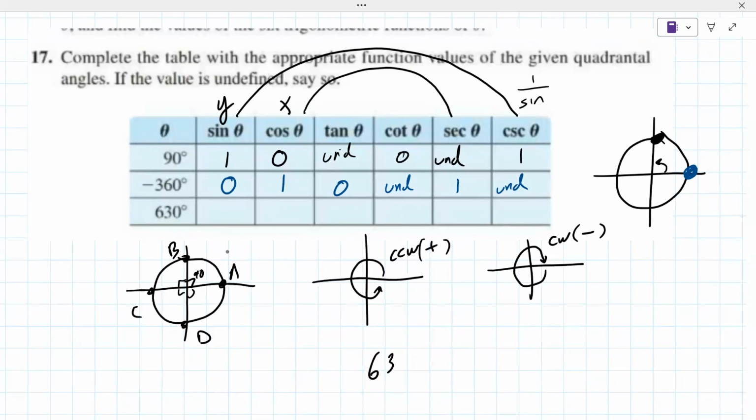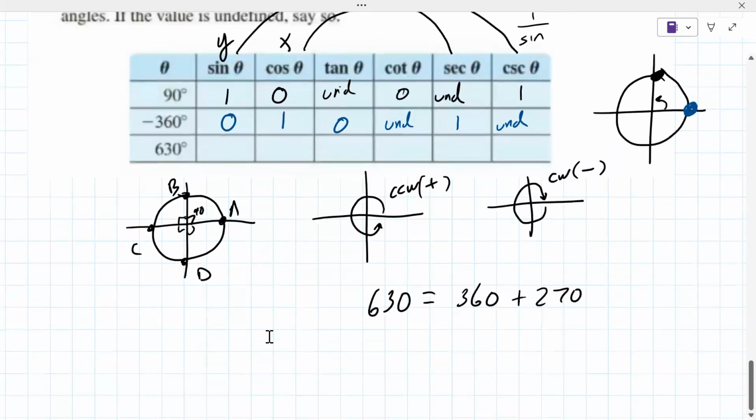So I'm looking at 630 as 360 plus 270. 360 goes all the way around, and then 270 means I'm going 90, 180, 270.